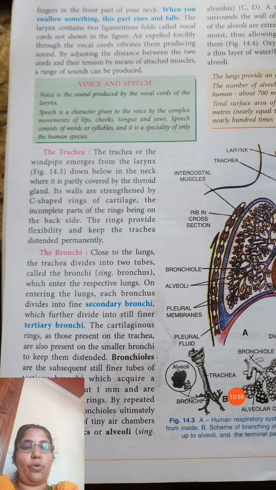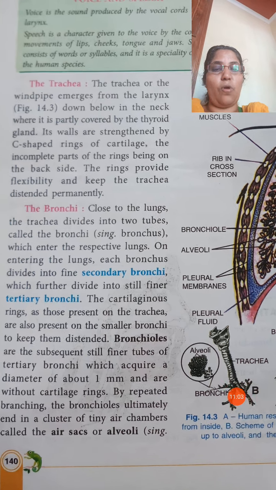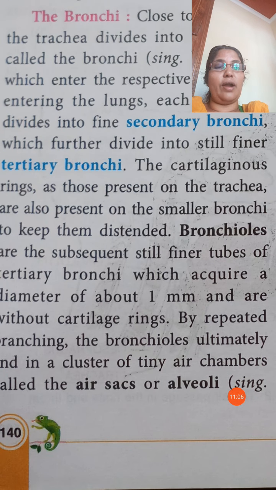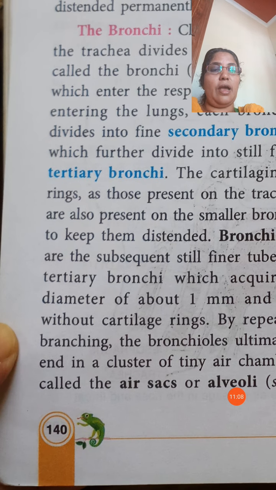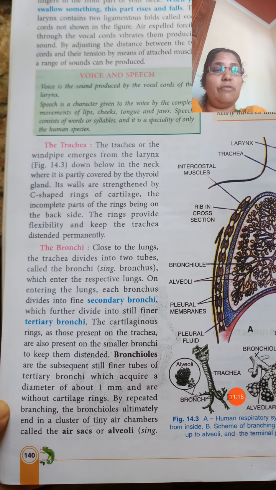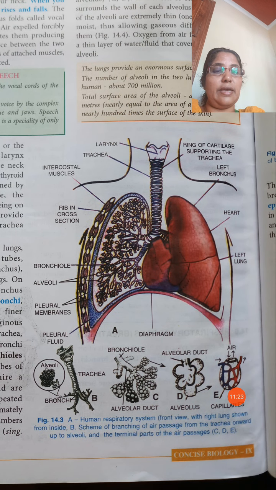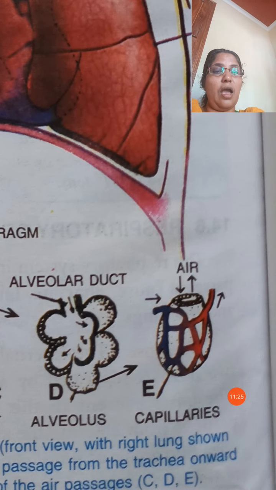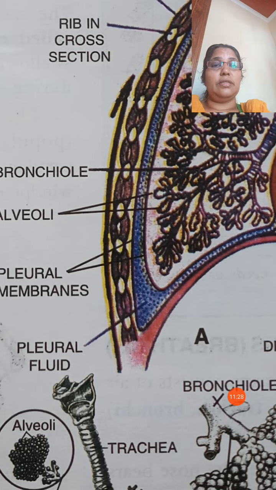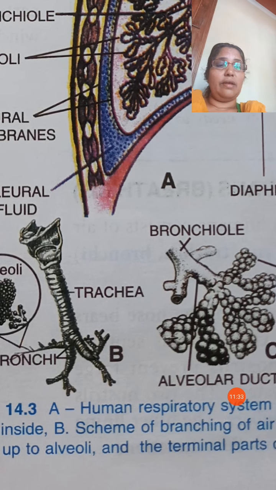Then the bronchioles, they are very small structures that have only 1 mm of diameter, and these tubes do not have the cartilaginous rings to support them. Finally, the bronchioles reach the small sac-like air structures known as the alveoli. Here in the lungs, small air sacs known as the alveolus.